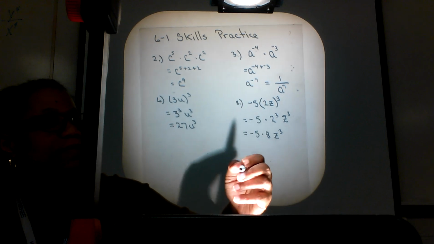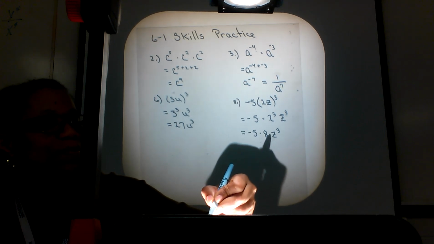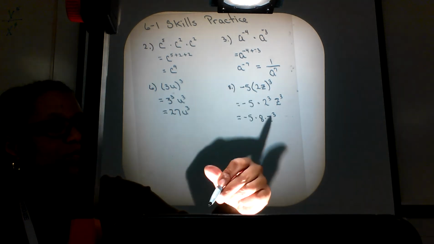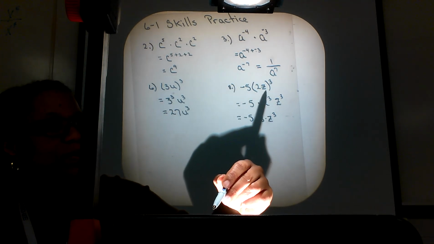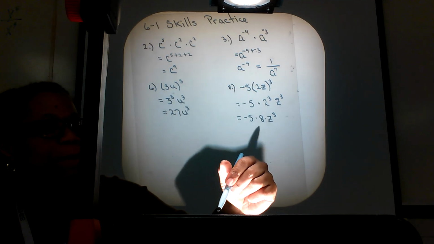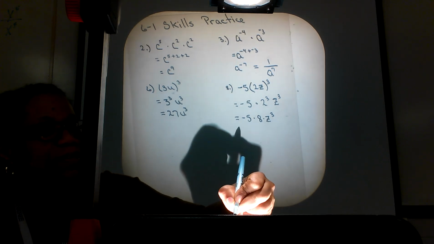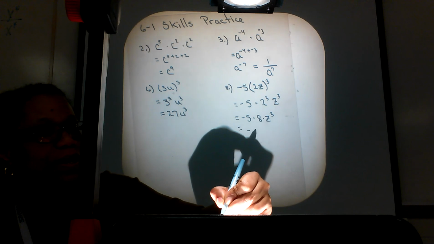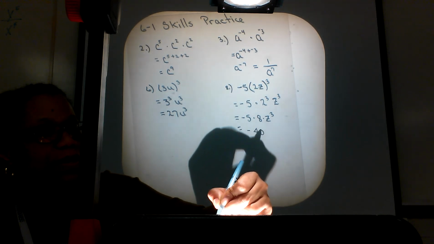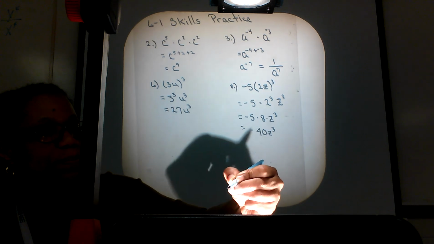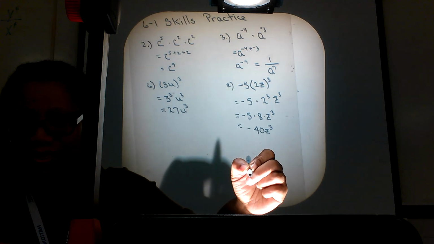I was thinking it was 2 squared. All right. So then you have negative 5 times 8 is negative 40 z cubed. It's easy so far, isn't it?